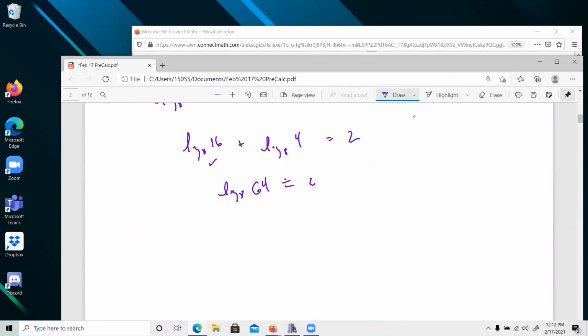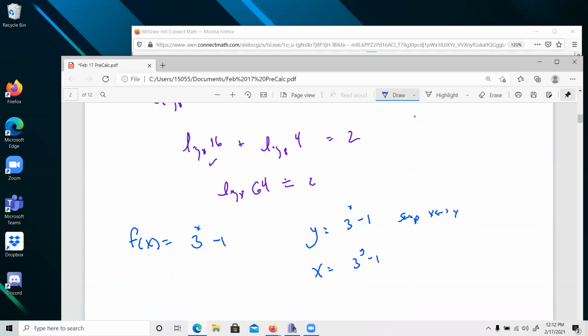We have f of x is equal to 3 to the x minus 1. So we have y equals 3 to the x minus 1. And then the whole point here is to swap x's and y's. So we're going to say x equals 3 to the y minus 1.